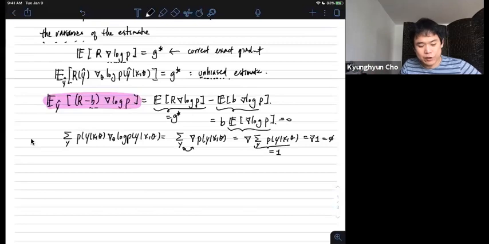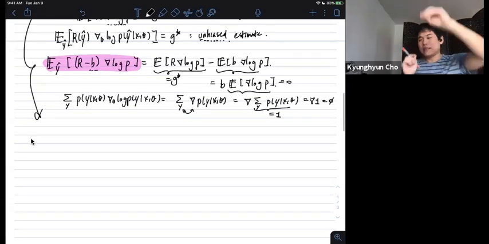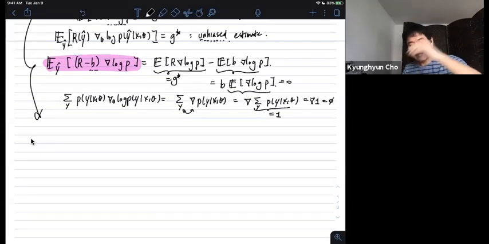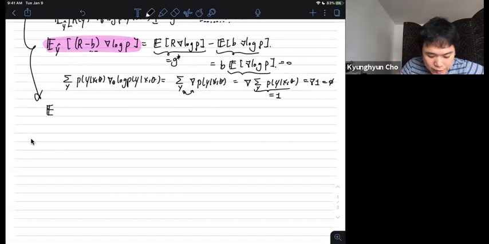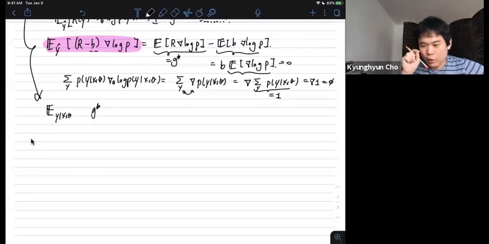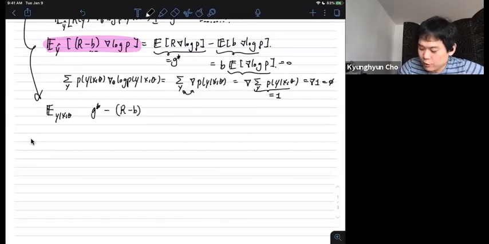However, now we can think about the variance, right? And in particular, because this is a vector, we want to look at the trace, that is, the sum of the diagonals of the covariance matrix. That one can be written down as the expectation over y given x and theta, where g star is the correct gradient, that is the expectation, the mean. So we look at my reward minus b, this subtracted reward, times the gradient of the log p.